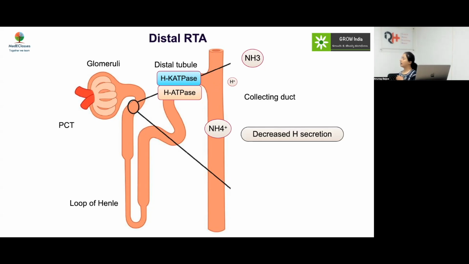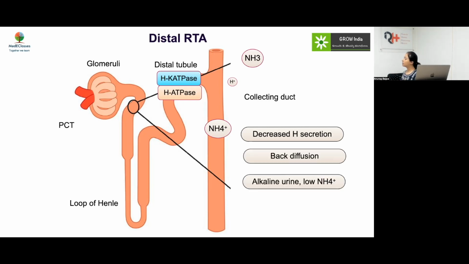Moreover, there is another pathology, which is the back diffusion of protons because of the high gradient, which is again responsible for reduced acidification of urine. So here the urine is alkaline, and since the proton diffuses back, there is low concentration of ammonium ion. All kinds of RTA will have hypercalciuria, but in the absence of citraturia in distal RTA, you will see nephrocalcinosis and urinary stones.